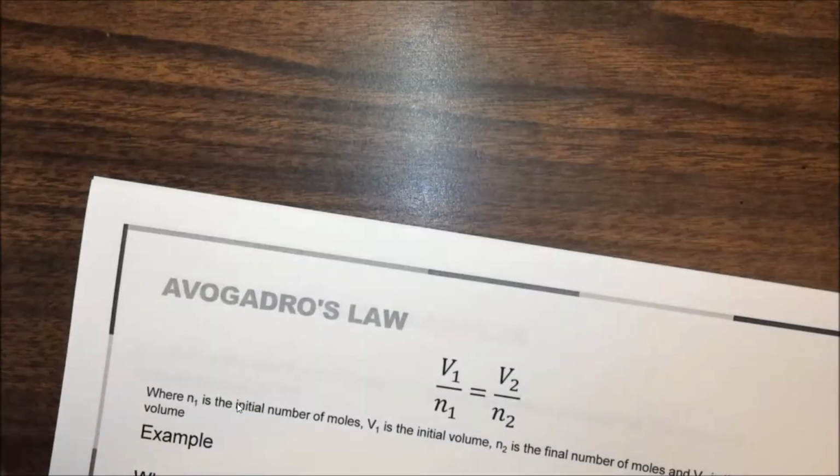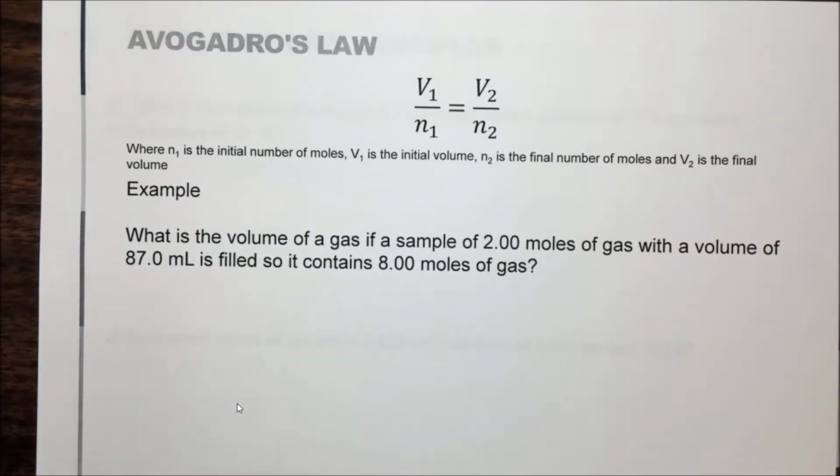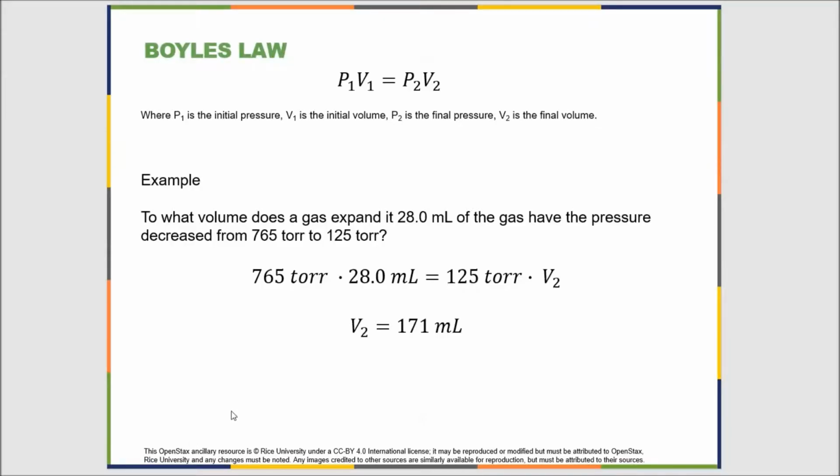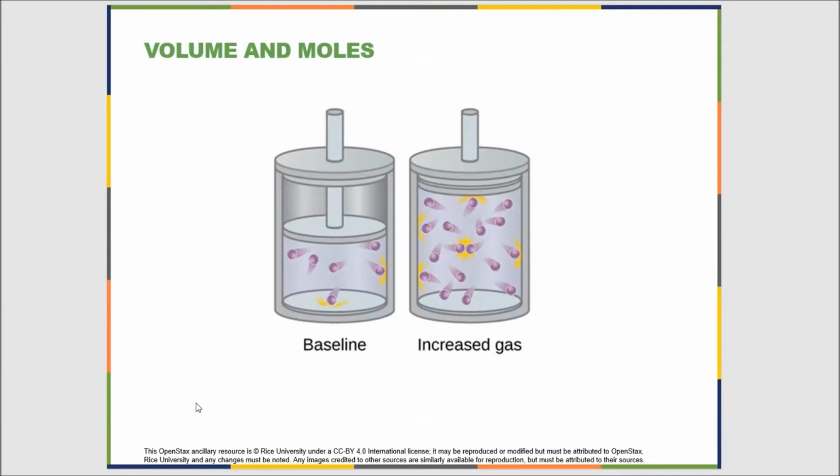So next, we want to look at another gas law that relates the amount of the gas and its volume. So here we have some amount of gas, and here we have twice as much gas. Well, if we double the amount of gas here, we double the volume. This is very much like blowing up a balloon.